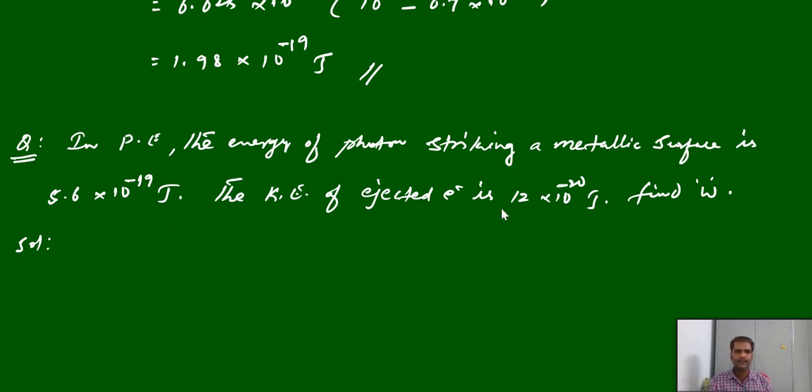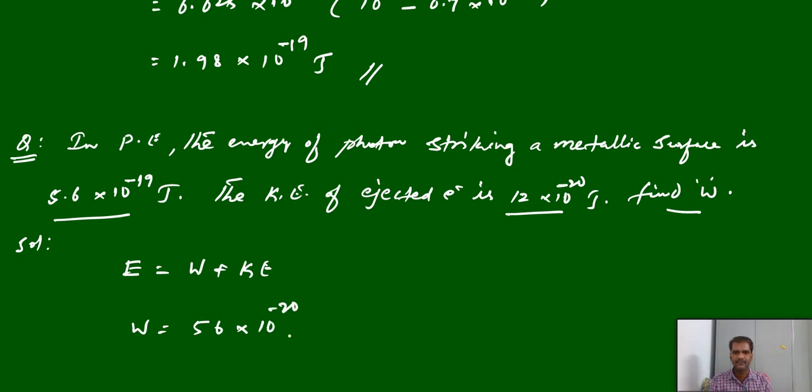Find the work function means find the W value. Here, kinetic energy is given, incident energy is given, and W is unknown. So we know that energy E is equal to work function plus kinetic energy. Just subtract, that's it. Work function is equal to 5.6, which you can write as 56 into 10 power minus 20, minus kinetic energy 12 into 10 power minus 20.